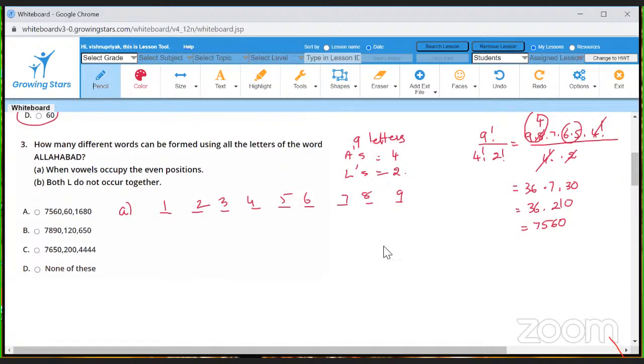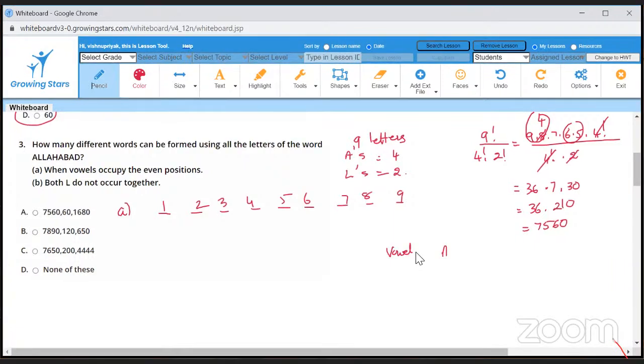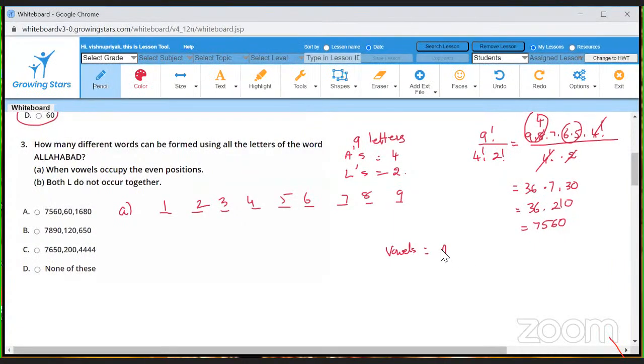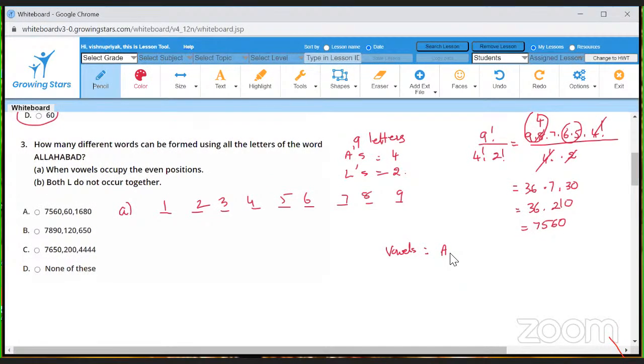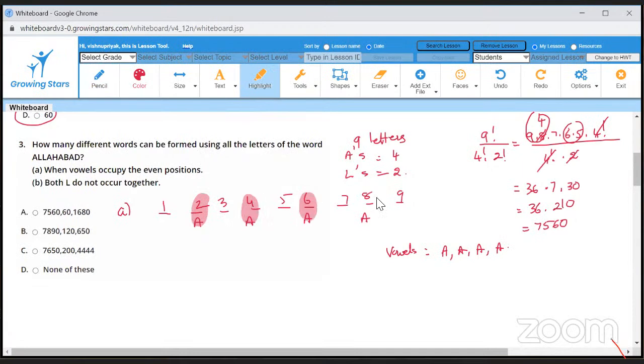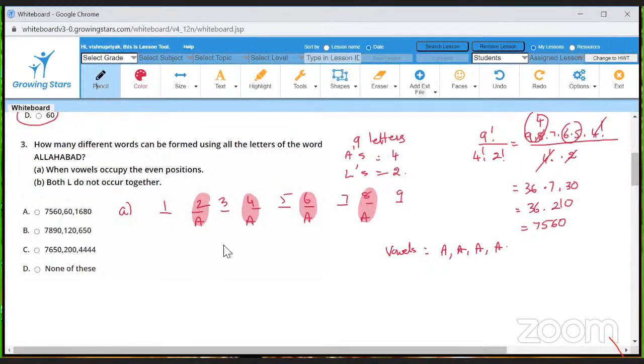Only A, nothing else, but there are 4 A's. So the A's occupy the even positions: second, fourth, sixth, and eighth. Vowels are occupying even places.